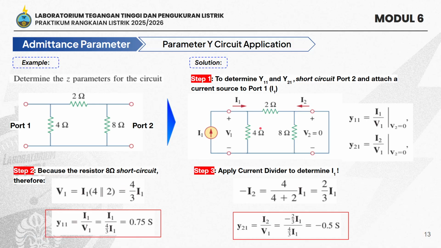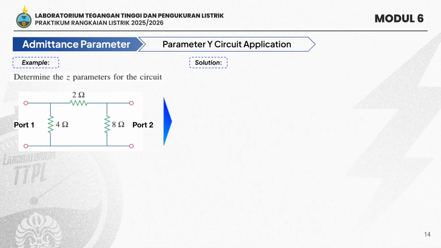By paralleling the four ohm resistor and the two ohm resistor, because when we don't have voltage in port 2, the voltage in the resistors will be 0, we can parallel these two resistors, and we know the value will be four thirds of I1, and we can determine the input admittance of 0.75 Siemens, and the transfer admittance from port 2 to port 1 is minus 0.5 Siemens.